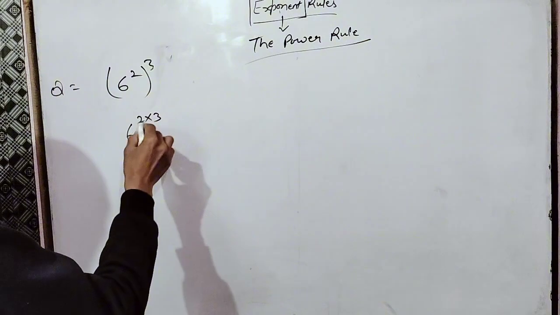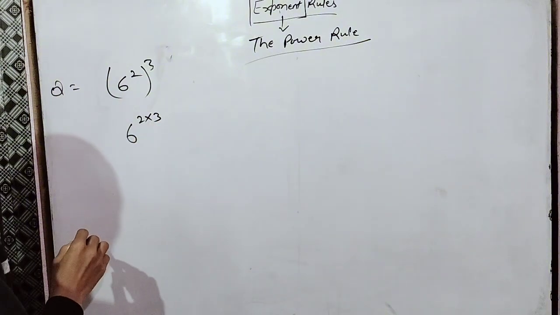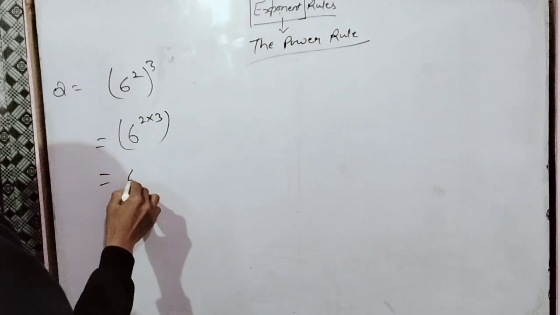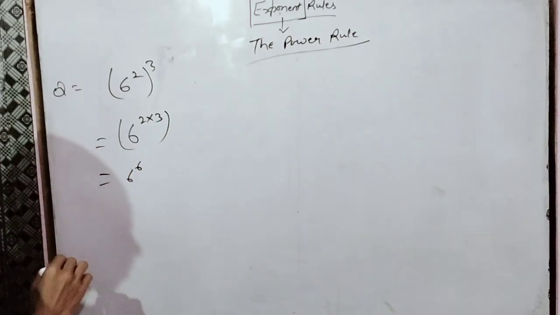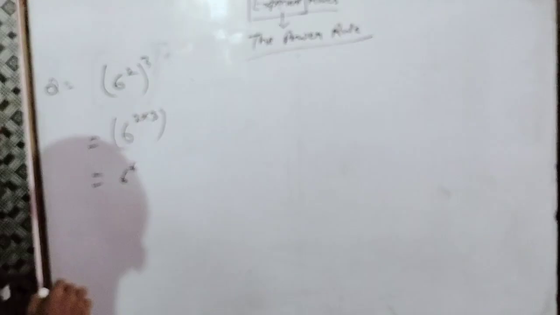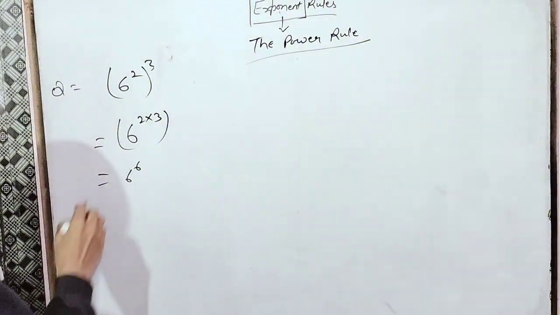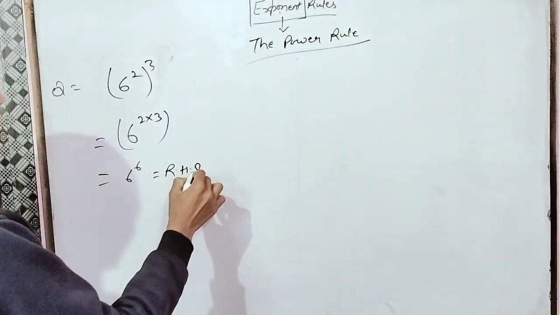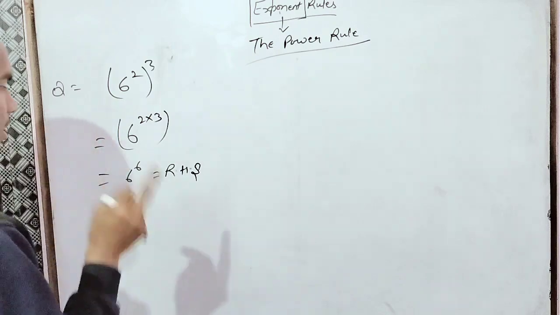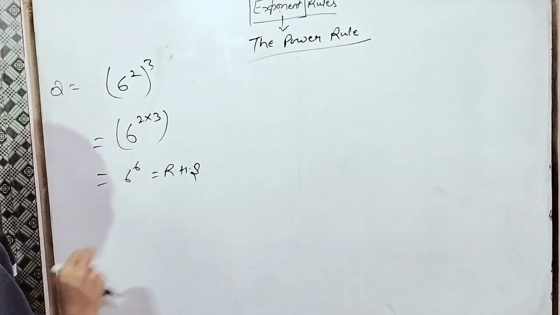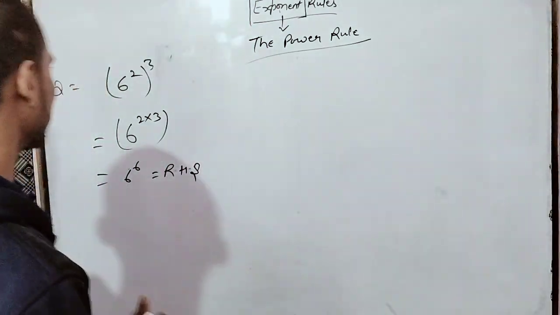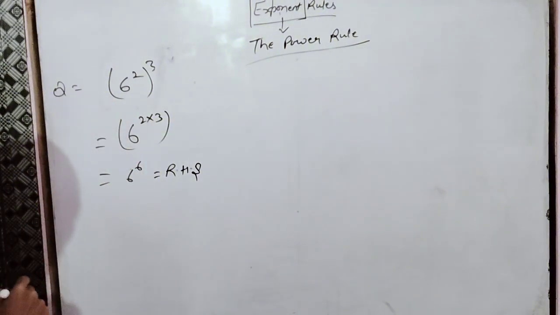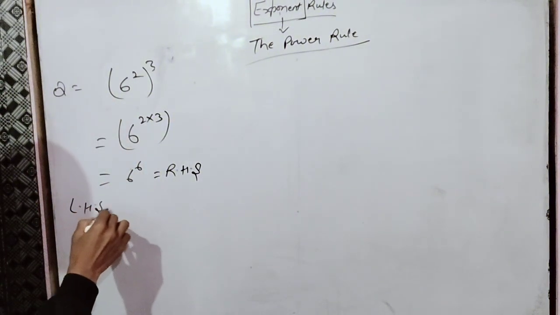So we have two exponents, we are multiplying them. Then how much do we have? 6 raised to the power 6. Does it make any sense? Do you want to see? So this is RHS. So LHS. If LHS is the same as this, then we can say, yeah, it is making sense. So this is LHS and this is RHS.